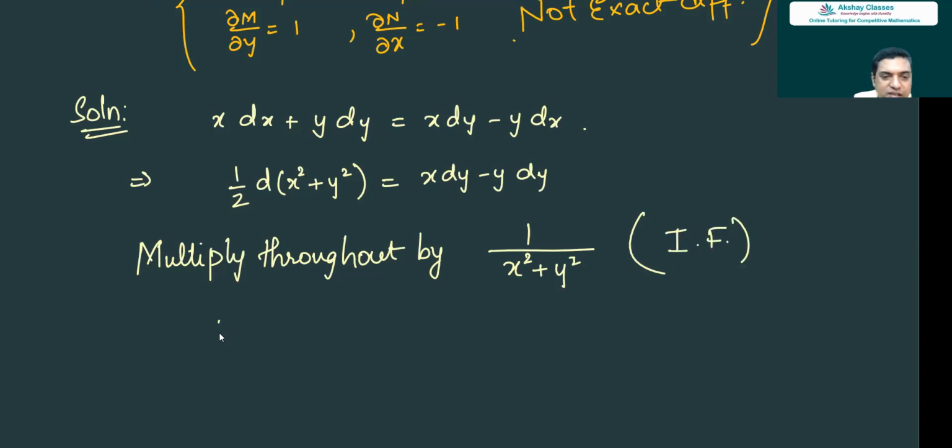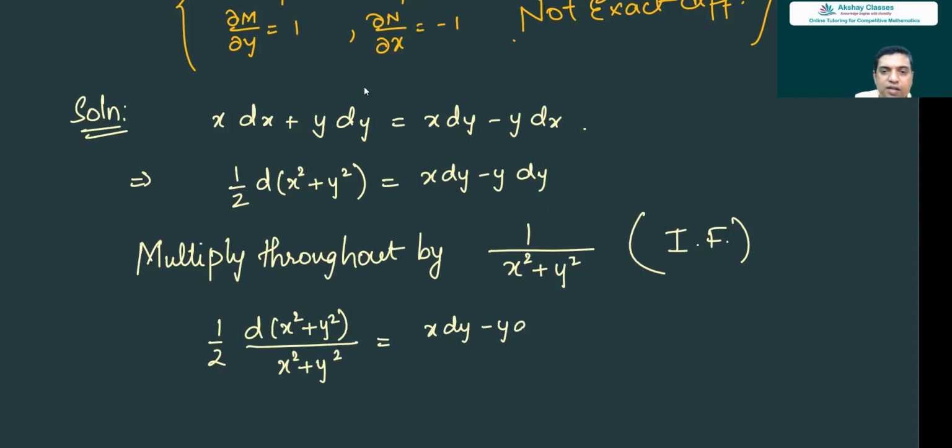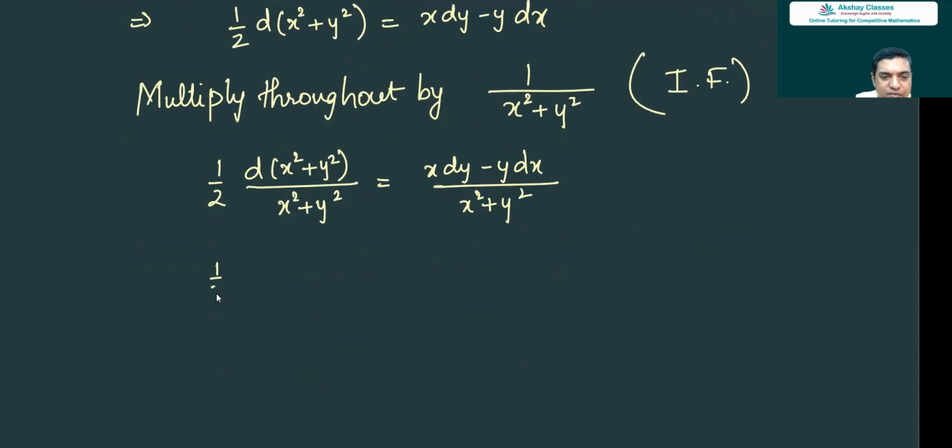What happens? You just see half d of (x square plus y square) upon (x square plus y square) is equal to (x dy minus y dx) upon (x square plus y square). So this is half the derivative of log (x square plus y square).